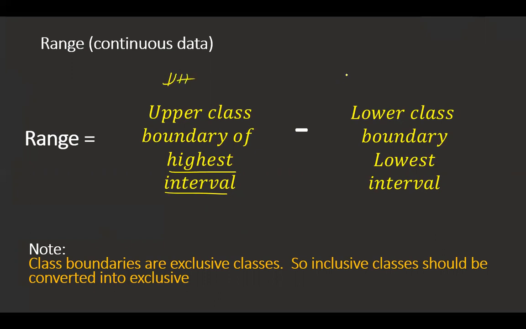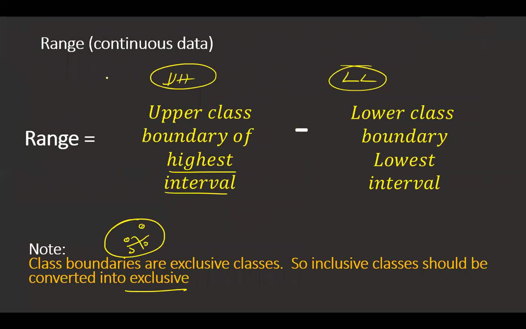You have to find out the upper class boundary of the highest interval, and the lower class boundary of the lowest interval. If the classes are inclusive, they should be converted into exclusive. This is an important point. You have to keep it in mind while you are calculating the range for continuous data.